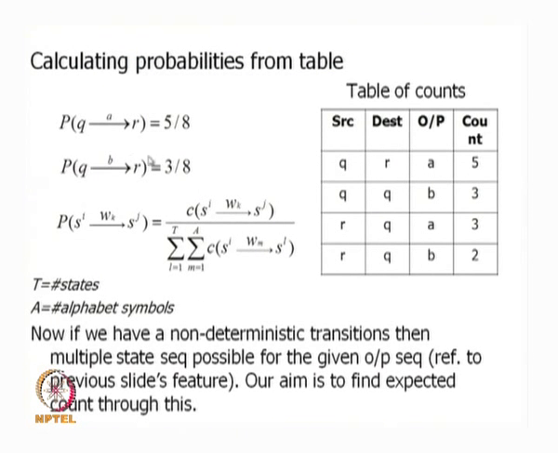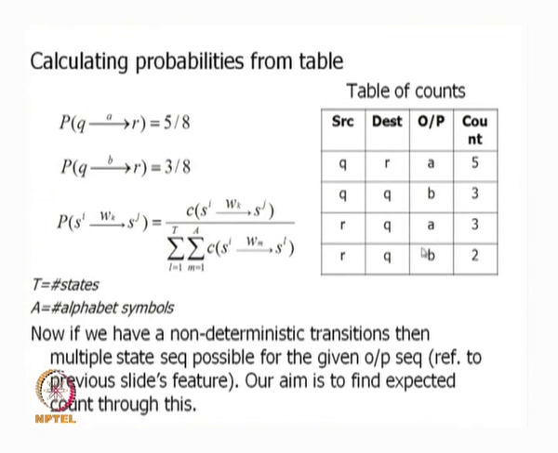Now, when this sequence is given, we can make a frequentist approach to probability calculation. For example, the probability of Q going to R on A is found to be 5 by 8. How do we get this value?